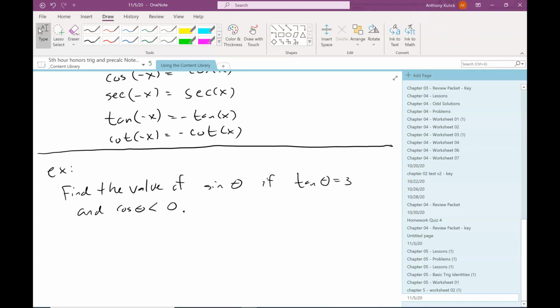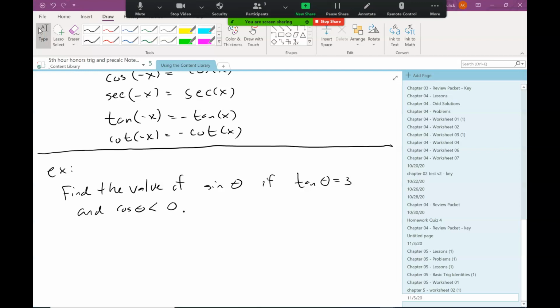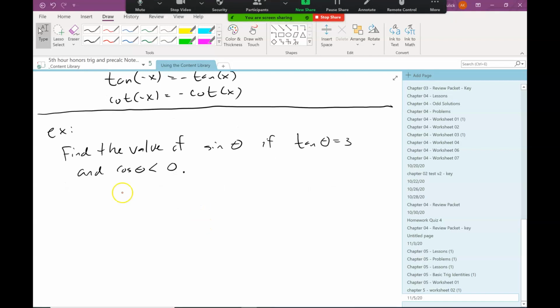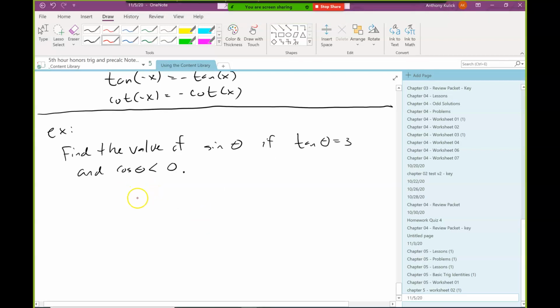I'm going to choose the Pythagorean identity: tangent squared theta plus 1 is equal to secant squared theta. So tangent, we're told, is 3.